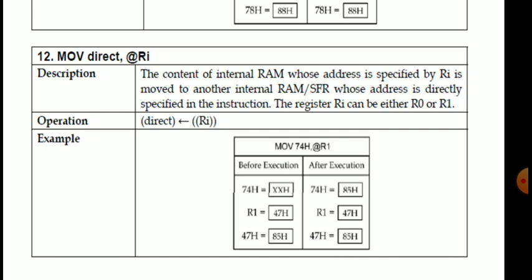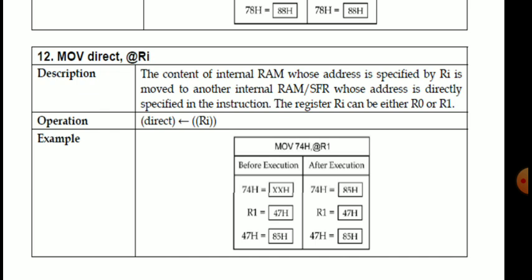So I hope everyone is writing. The 12th instruction is mov direct, @Ri. Description: @, if you remember from the addressing modes, right, which type of addressing mode is this, please guess it. We have used the @ symbol. Description: the content of internal RAM whose address is specified by Ri, it's not Rn. You can remember Rn means R0 to R7.